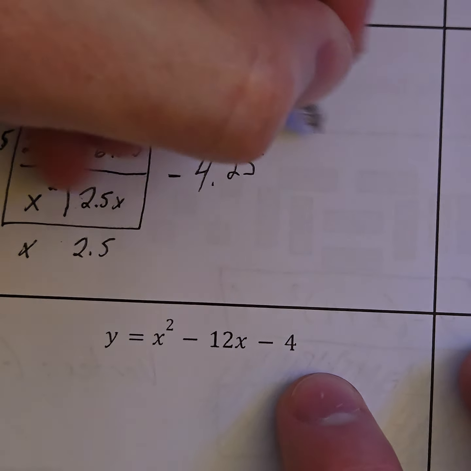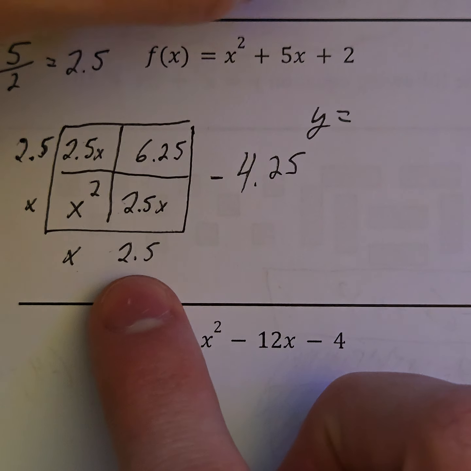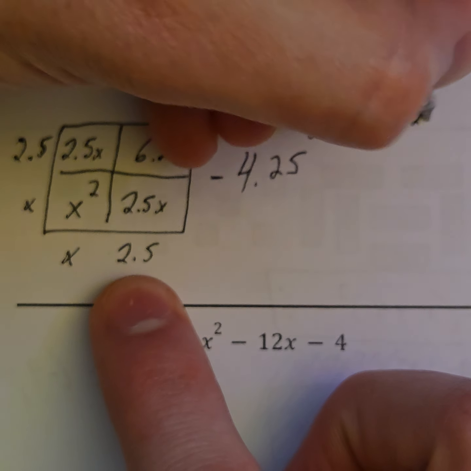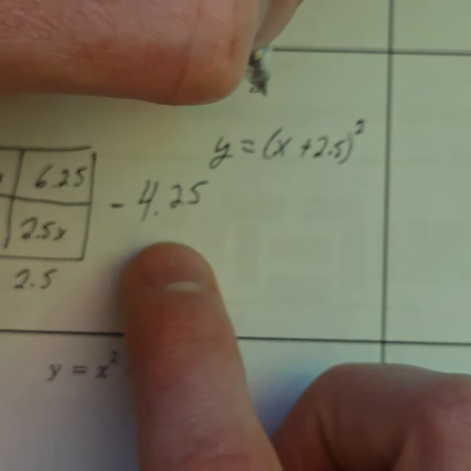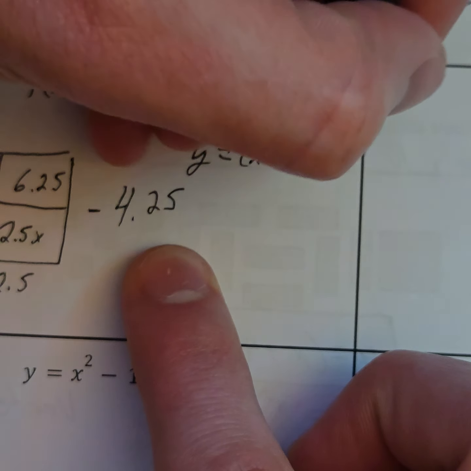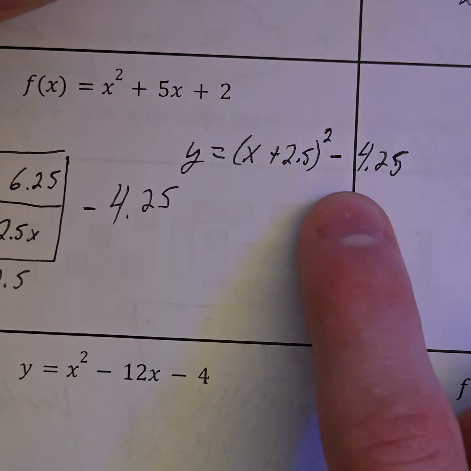So now let's write our graphing form. We have y equals x plus 2.5 squared, and I needed to subtract 4.25. Sorry, ran out of room there. Minus 4.25.